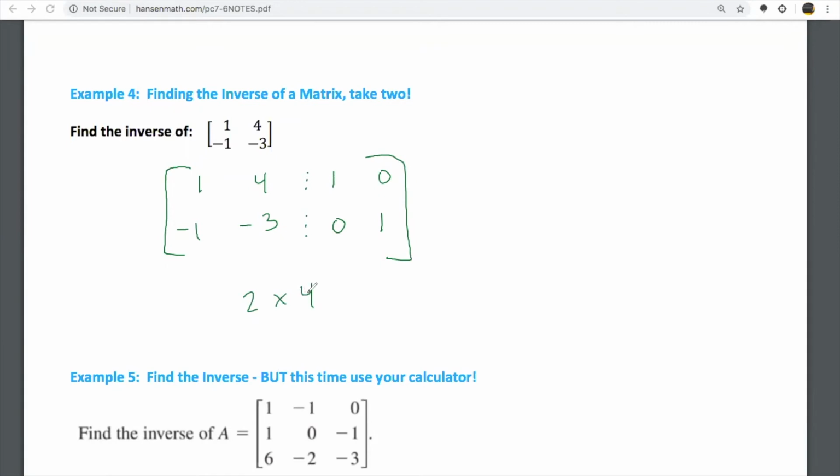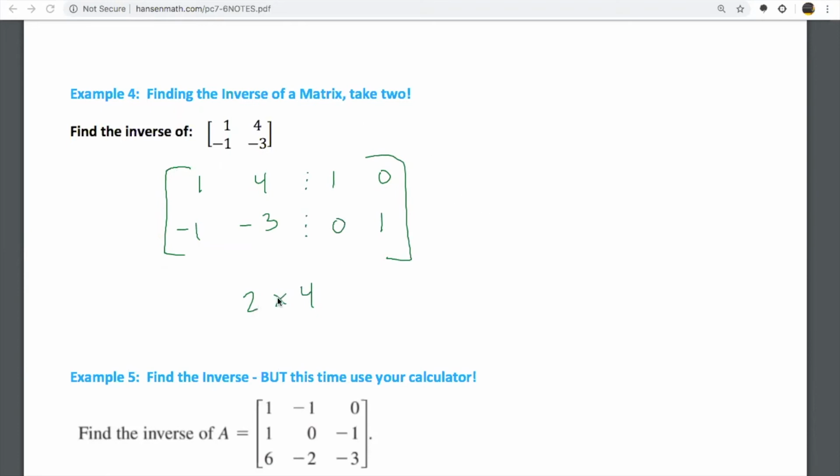The goal of this would be to use Gauss-Jordan elimination to get this into reduced row form. For the purposes of this video, I'd invite you to hit pause and use a graphing utility on your calculator.